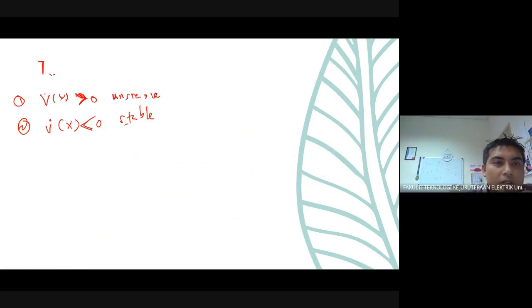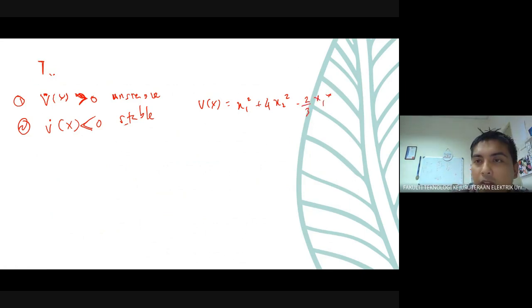for sure, because this is V dot. So you have the V(x) here. The V(x) here is actually equal to x1 square plus 4 x2 minus 2 over 3 x1 power of 3.